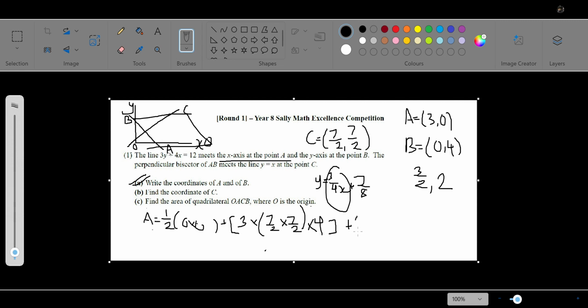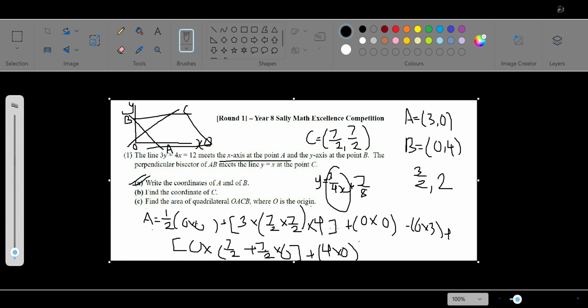And then you have to plus 0 and 0 here. And then you have to minus 0 times 0 plus 0 times 7 over 2 plus 7 over 2 times 0 equals 4 times 0 bracket.